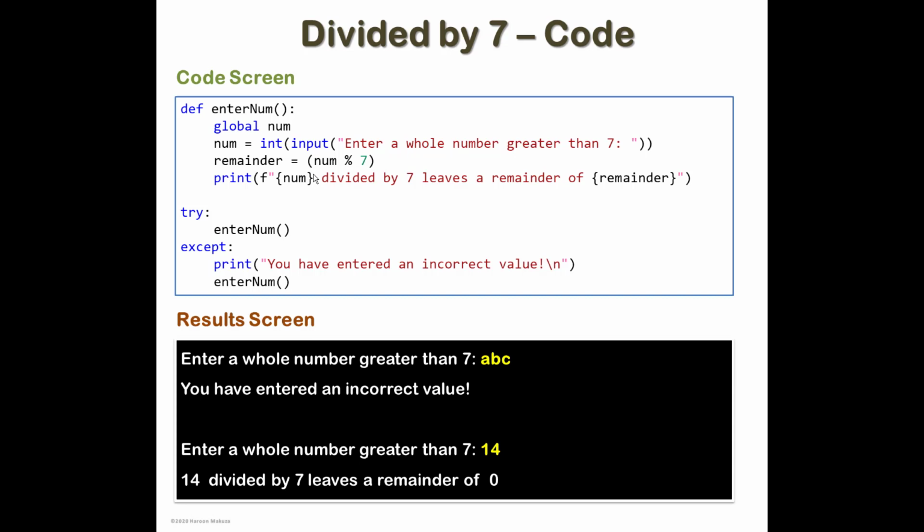Now you might notice there's a little problem here. If the number is 7, the function will run, because there's no condition that says if num greater than 7, do this. There's no such condition because we use a try and except.